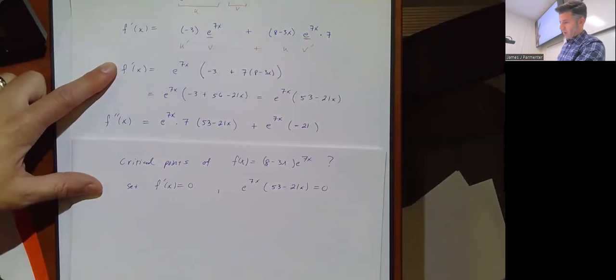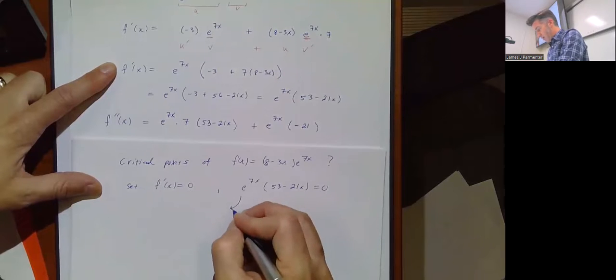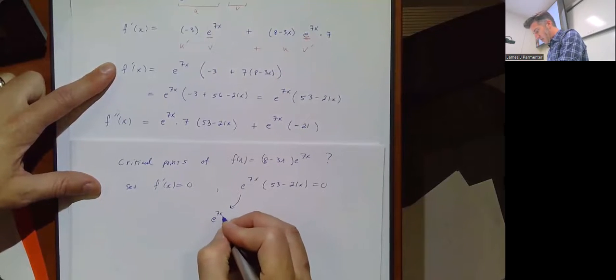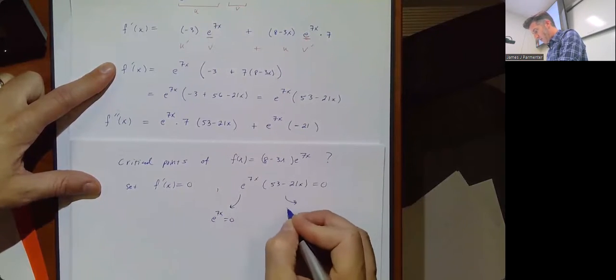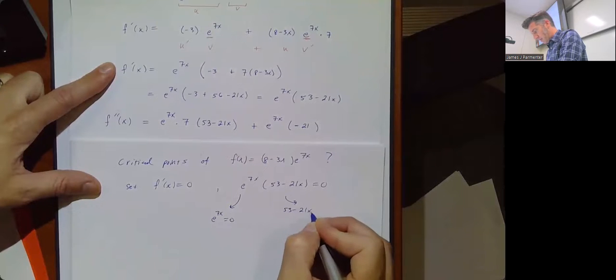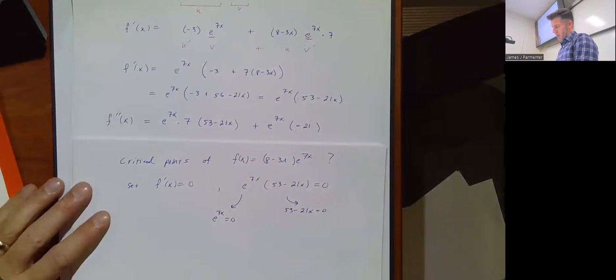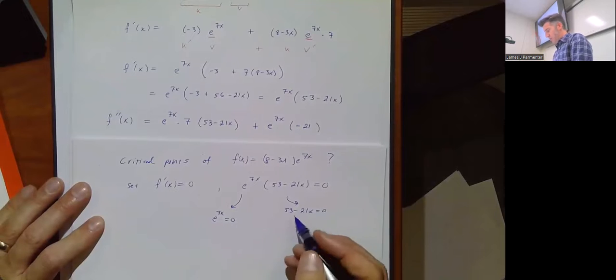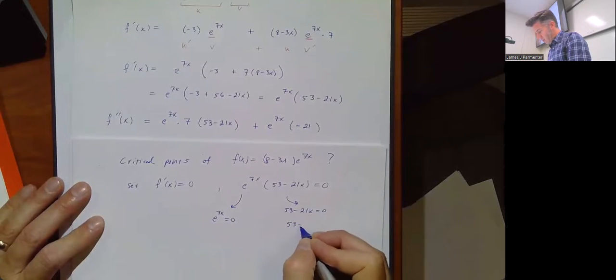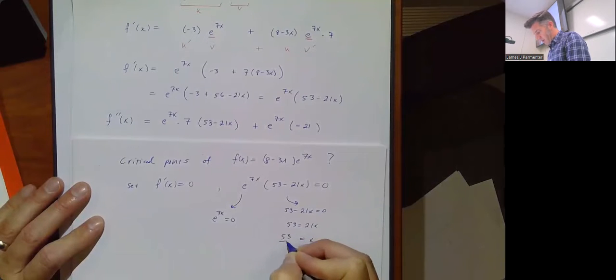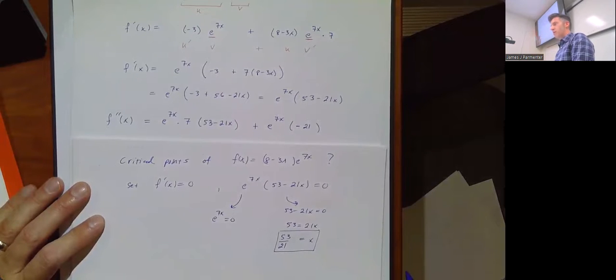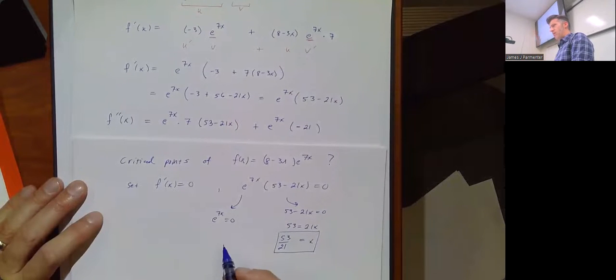So if I set that equal to 0, I'm either going to get e to the 7x equal to 0, or 53 minus 21x equal to 0. So let's do this one first. 53 equals 21x. X equals 53, which is a prime number, divided by 21. So that's one critical value. And what about e to the 7x equals 0?